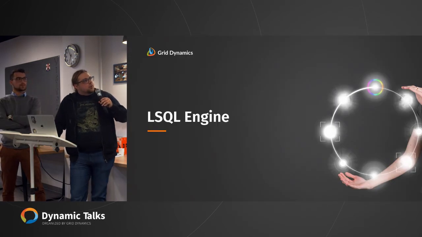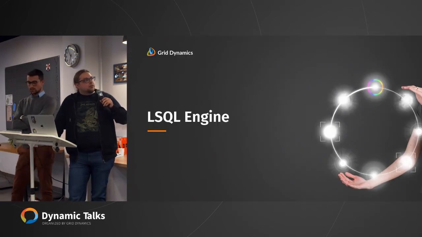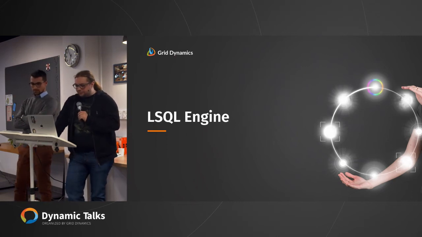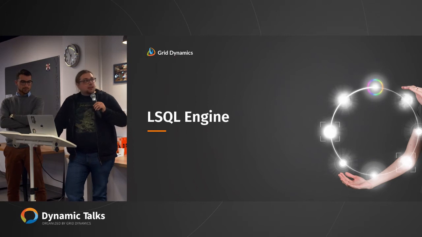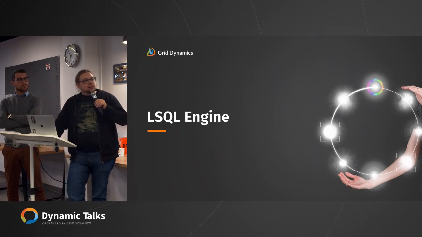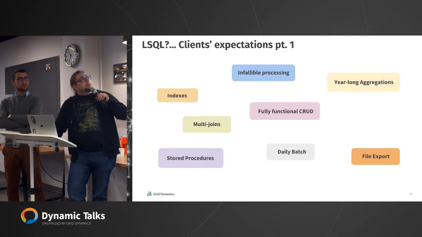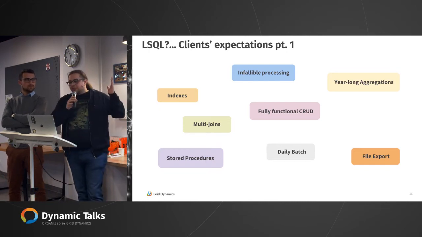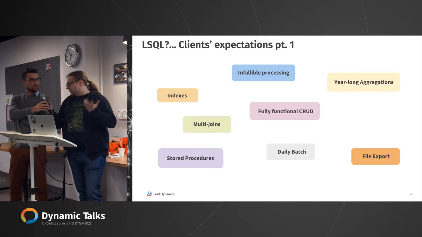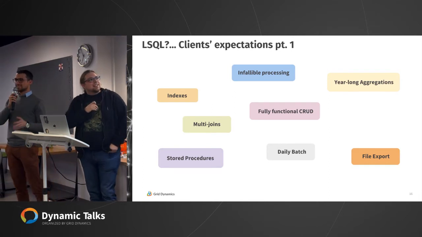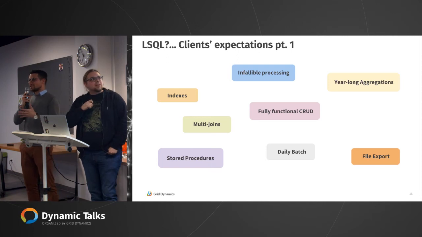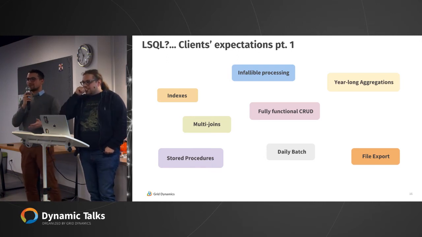Previously we showed you a bit of the SQL engine in the topics view. And when you say SQL, it comes with client expectations. This is my part, because we want to tell the story that actually happened when we started to use Lenses.